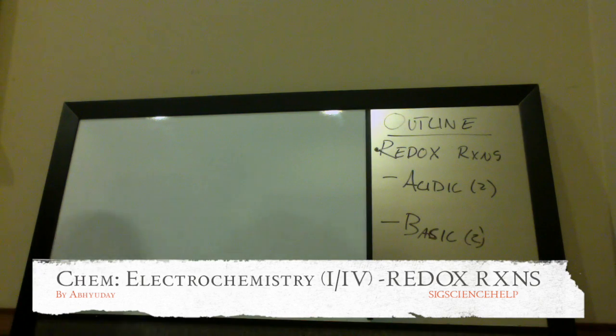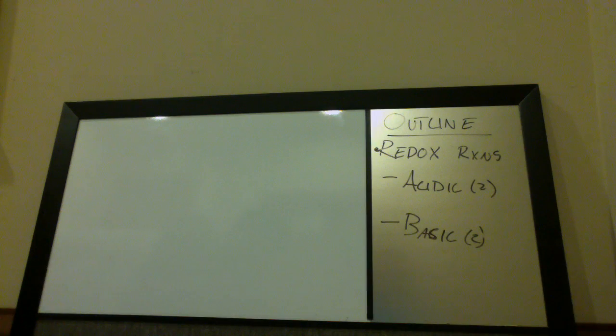Today I'm going to be talking about electrochemistry, and I'm going to divide this series into three parts. I'm going to talk about oxidation reduction reactions in the first part, then galvanic cells and standard reduction potentials, understanding the line notation.